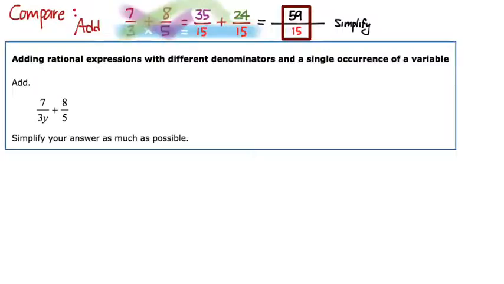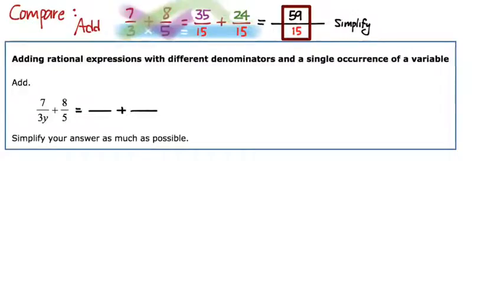So that same process of adding together two numerical fractions, we can export that process into adding together two fractions that might have variables in portions of them, either the numerator or denominator. So if I do that, then to add together these two fractions, 7 over 3y plus 8 over 5, what can I use as a common denominator?